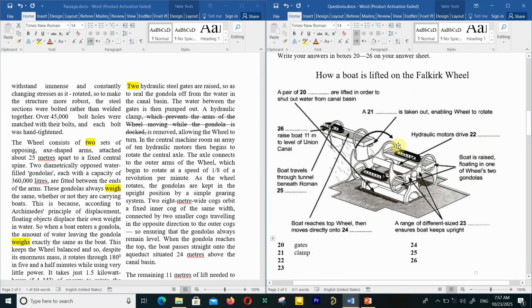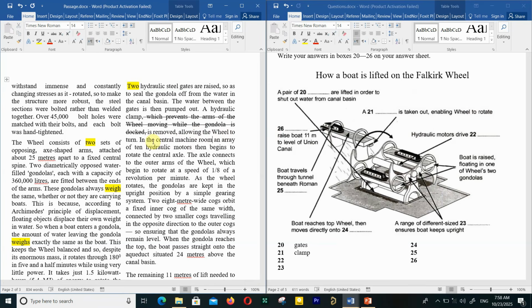Now question 22. Hydraulic motors drive what? Here the grammar cannot help us. Maybe we need a noun, maybe we need an adverb, I don't know. "Hydraulic motors drive." "Allowing the wheel to turn" is about the previous question, "enabling wheel to rotate." This is the paraphrase, and I already created an IELTS keyword table for this kind of paraphrasing.